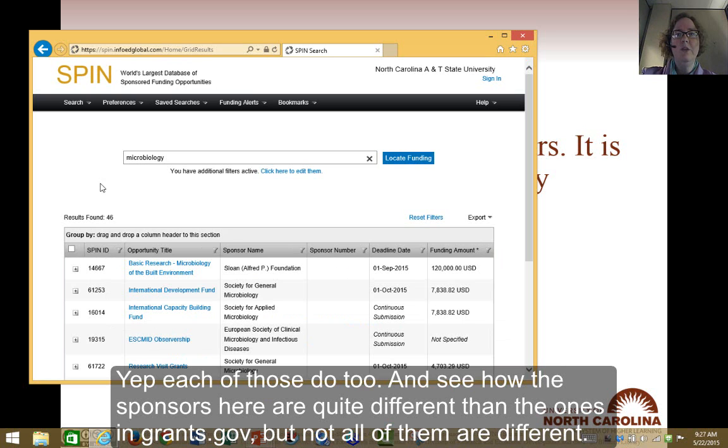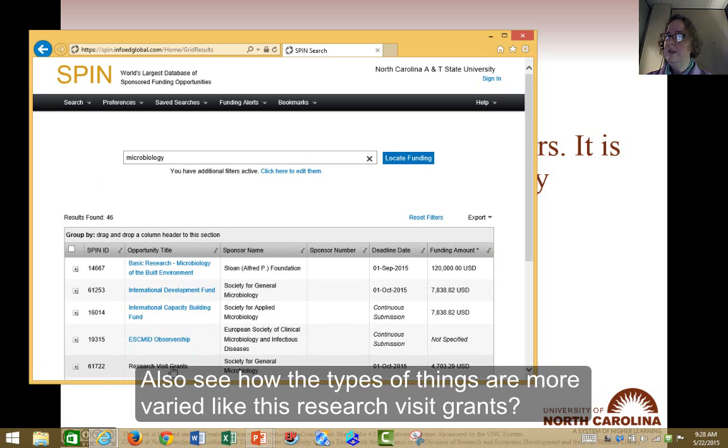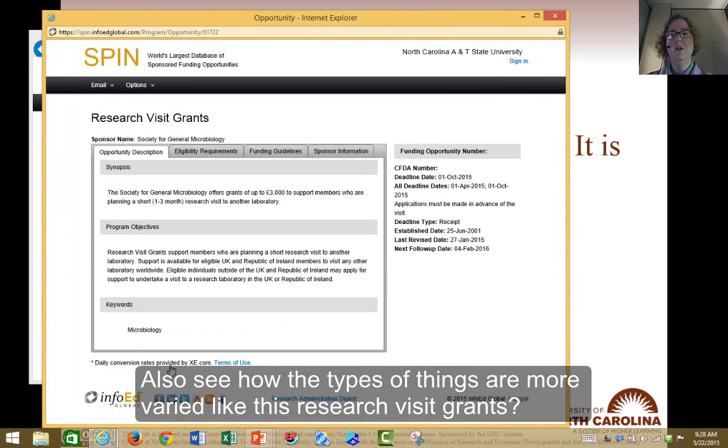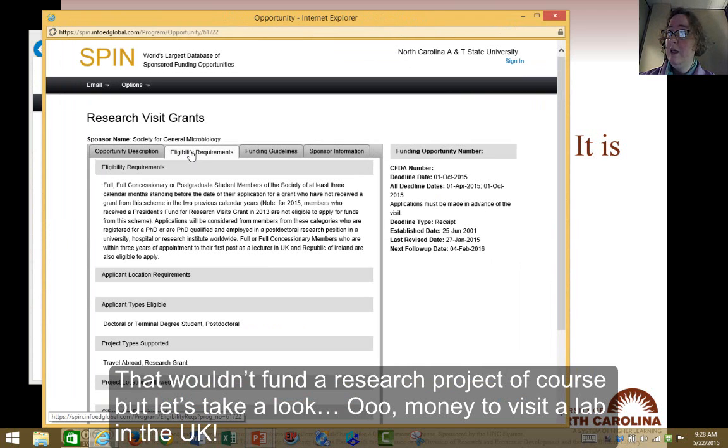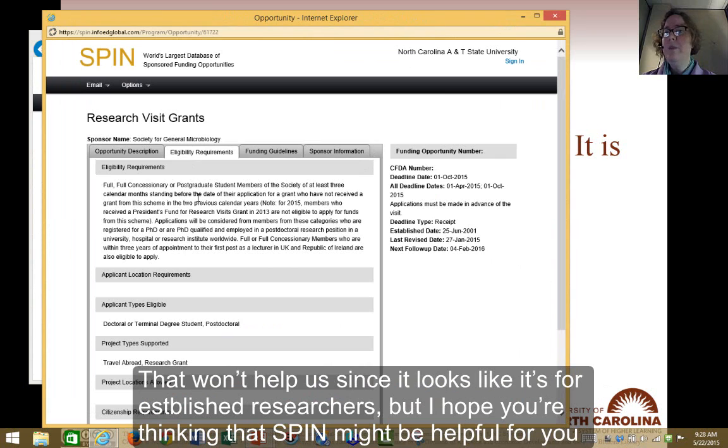And see how the sponsors here are quite different from the ones that we saw in grants.gov. Also, see how the types of things are more varied, like this research visit grants? That wouldn't fund a research project, of course, but money to visit a lab in the UK. That won't help us.